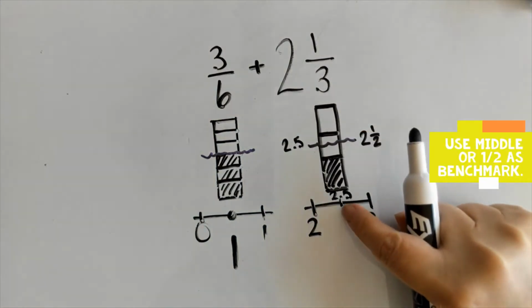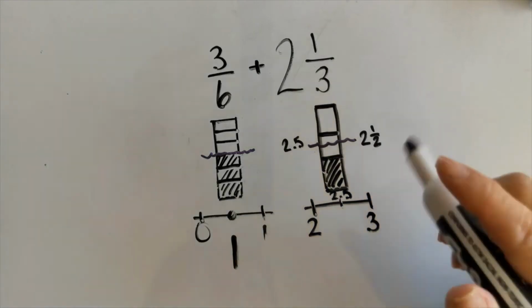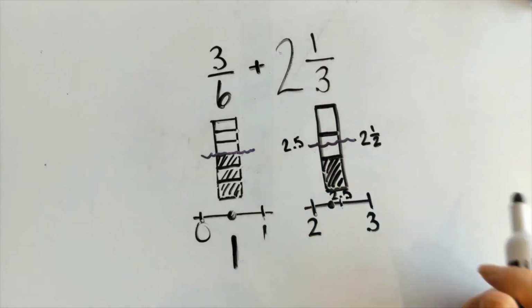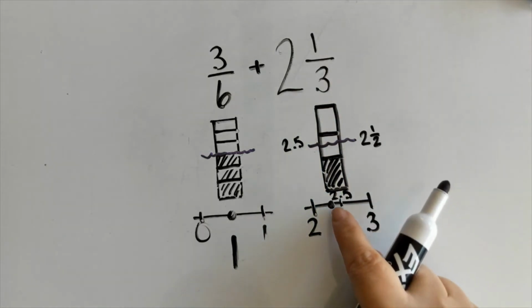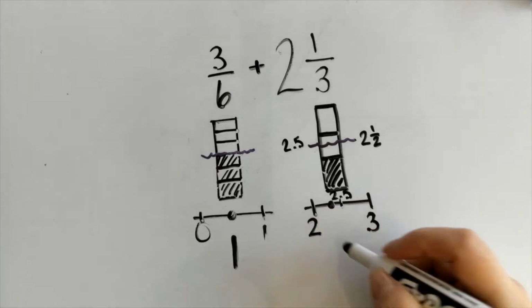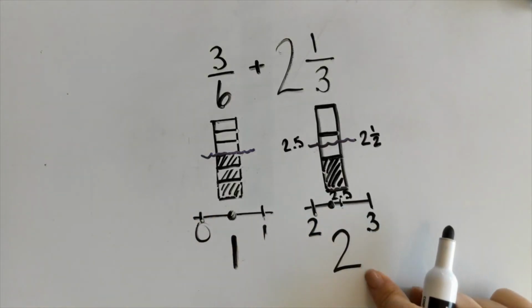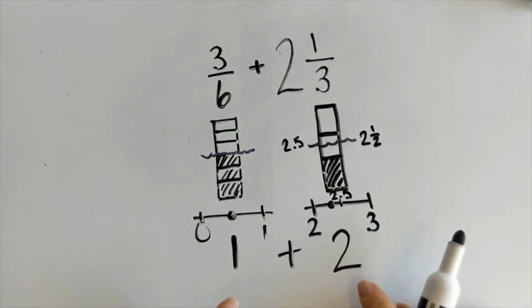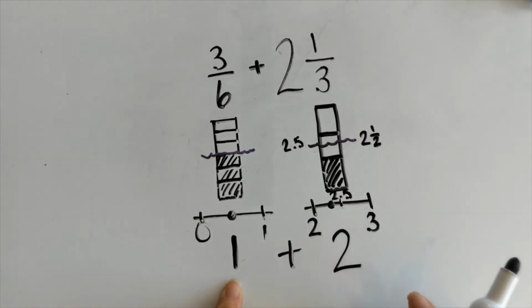If this area is 2.5, this right here is not quite 2.5 yet. So because of that, I say it is closer to 2.